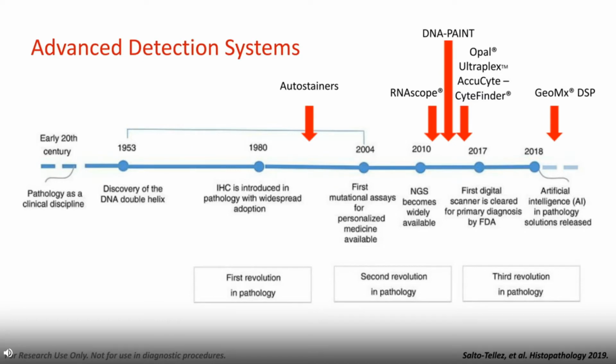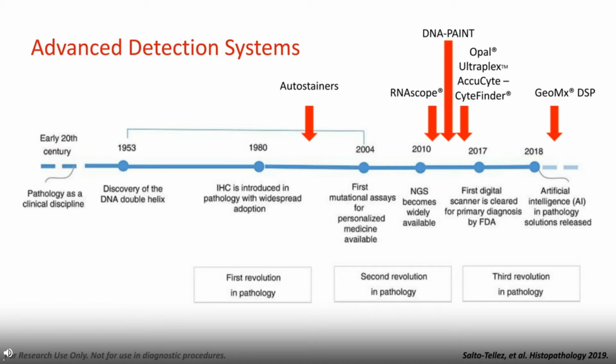And this may be through use of novel probe designs, through RNAscope and DNA paint, or through advances in polymer technology or fluorescent dyes to detect the tissues through the Opal or multiplex systems, or integrating these staining platforms with sequencing platforms through the AccuSite, or now more increasingly the genomic DSP platforms.